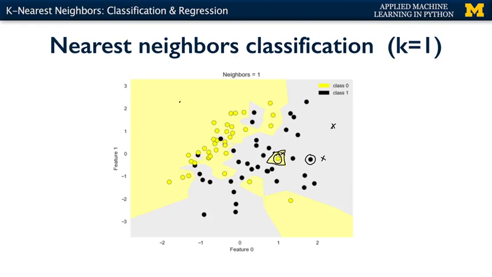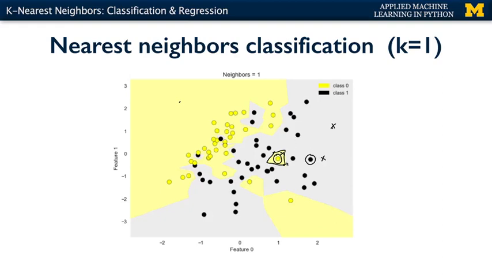With k equal to 1, you can see that the decision boundaries that derive from that prediction are quite jagged and have high variance. This is an example of a classification model that has high model complexity. In fact, you can see that the one nearest neighbors classifier is overfitting the training data in this case.